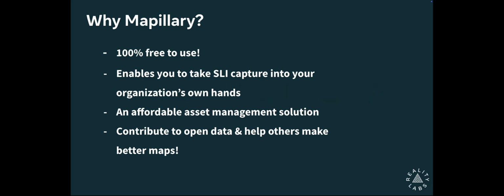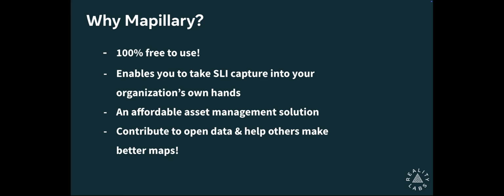We enable you to take street level imagery capture into your own hands. So what I mean by that is you might be interested in street level imagery coverage, but other methods of street level imagery might only update their database every so often. Maybe they haven't had new fresh imagery in your area for the last 5 years.